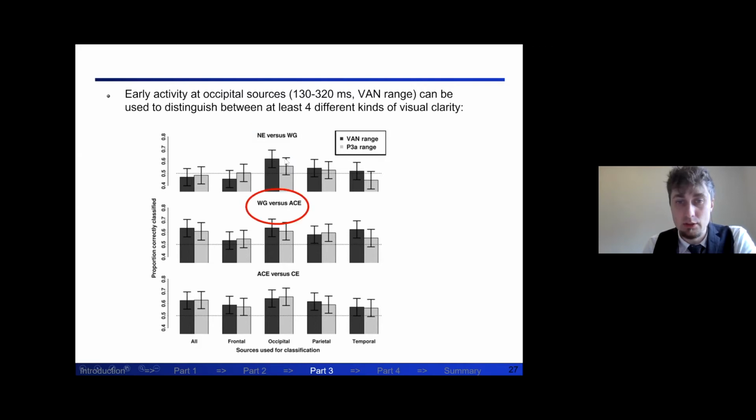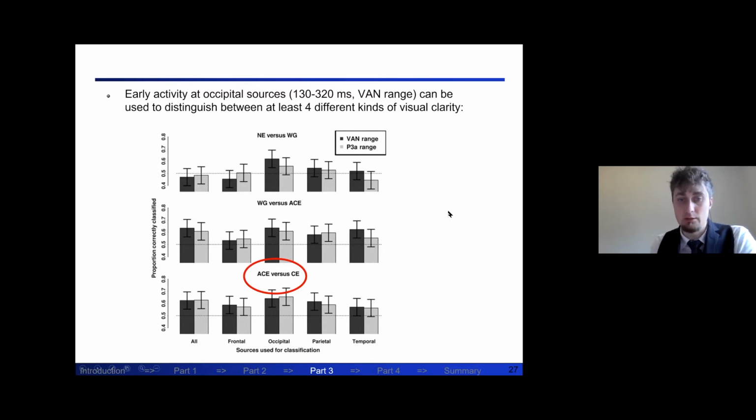Now, when you decode weak glimpses, distinguishing them from almost clear experiences, this is then the pass rating 2 versus 3. You get, again, similar results, quite high decoding from occipital sources, but also others.